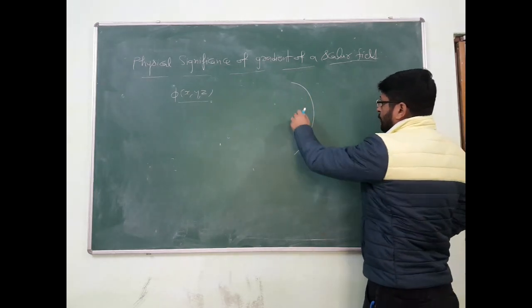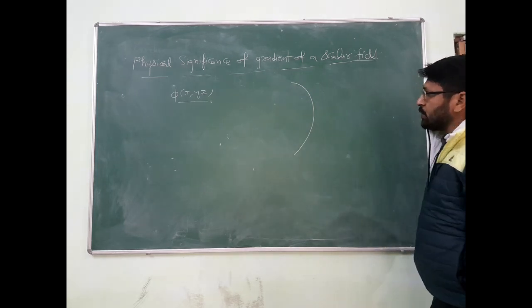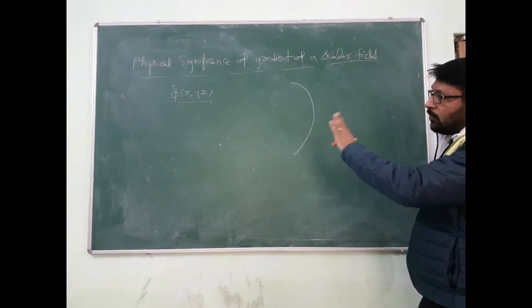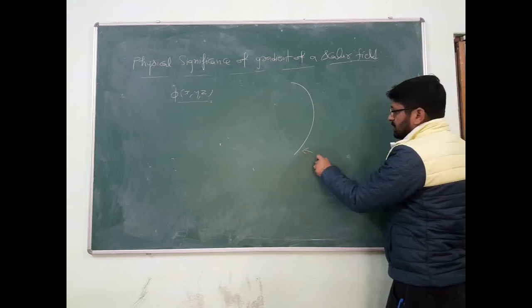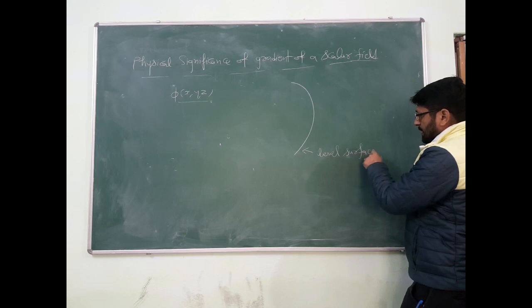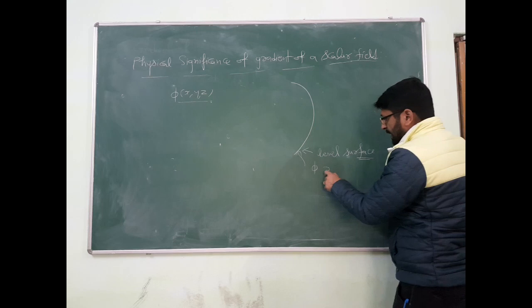So that surface which we generate by joining all the points having the same value of phi at different x, y, z is known as a level surface. That means the value of phi on this surface remains constant.